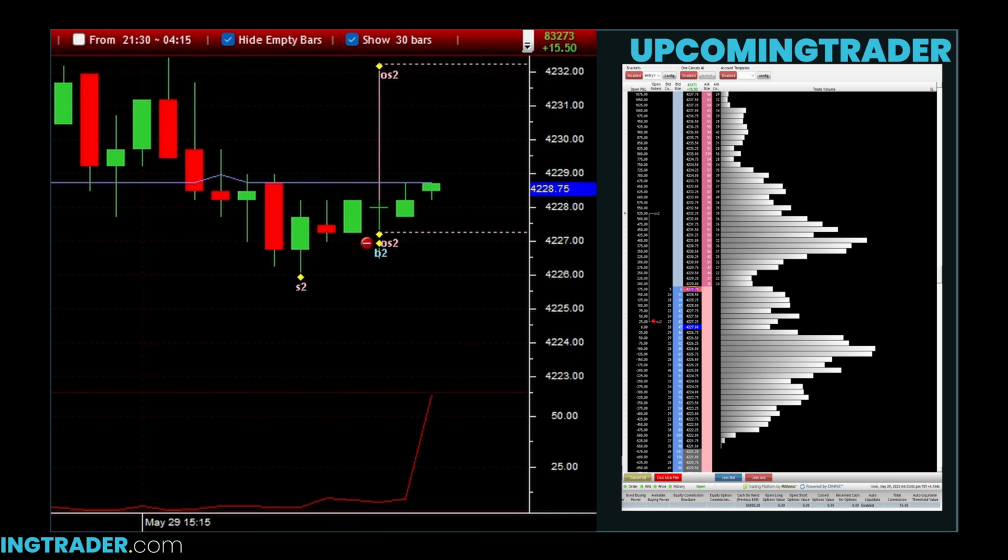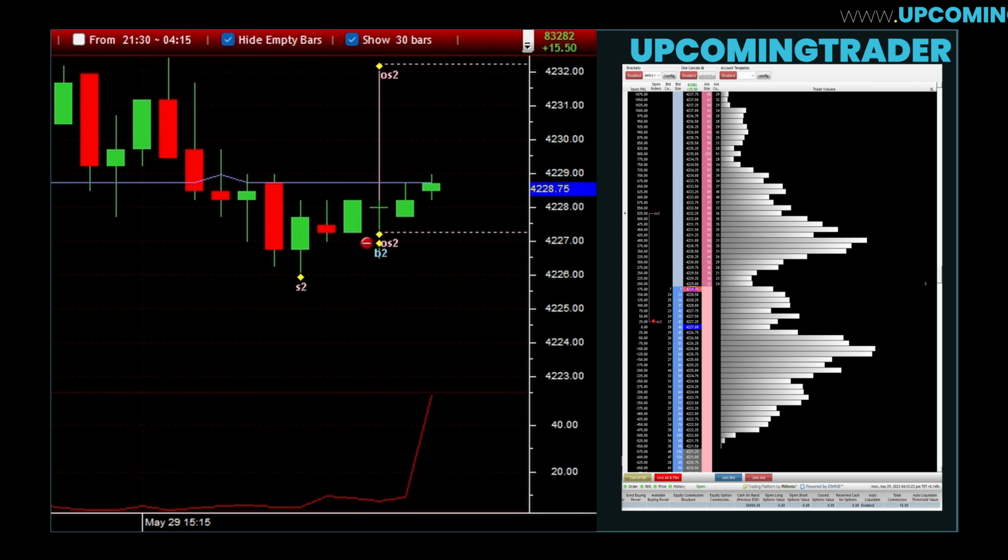To wrap up, remember that TPO charts give you a unique way to understand market structure by showing where the price has spent the most time. The point of control, the value area, and the initial balance are all key features that help traders spot support, resistance, and possible trades.